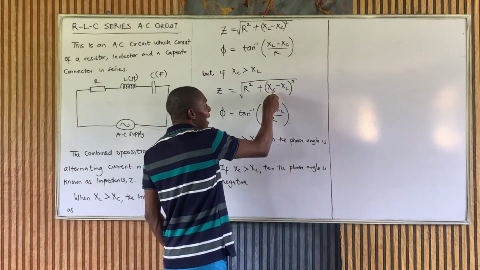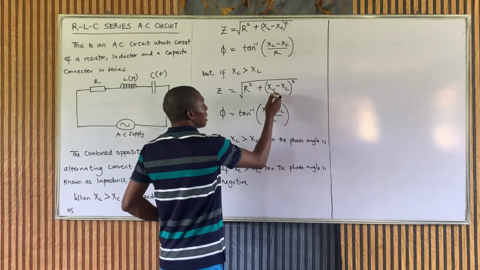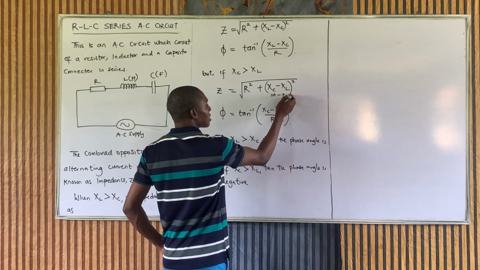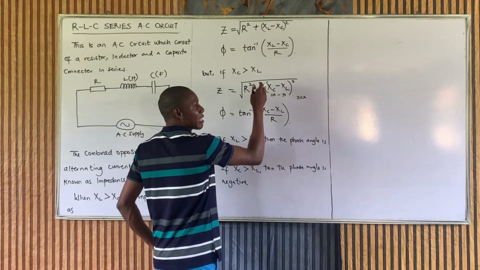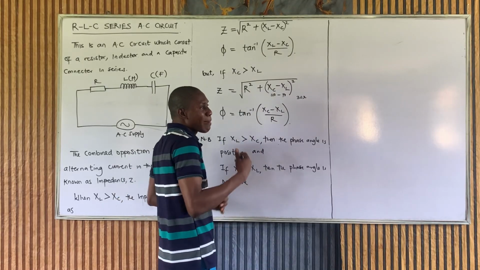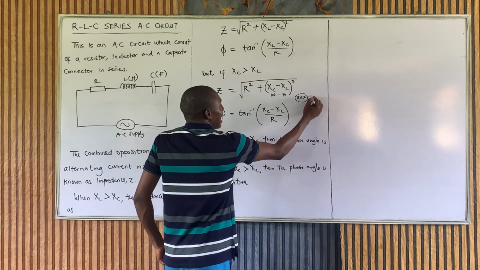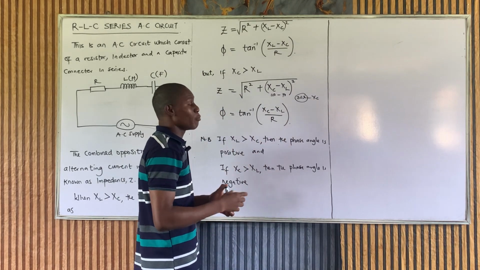Again, if our XC is greater than XL, let me assume that XC is 100 and XL is 70, by the time you subtract, you get 30. That 30 you have is the amount by which XC is greater than XL. So it now looks like an XC-R series AC circuit, and we know the phase angle will be negative.